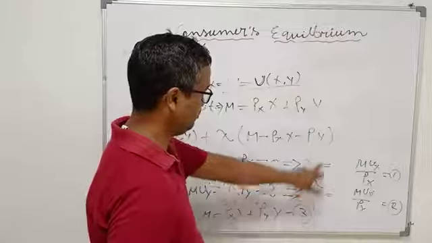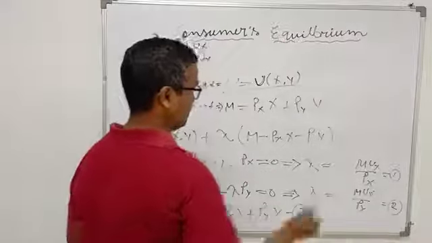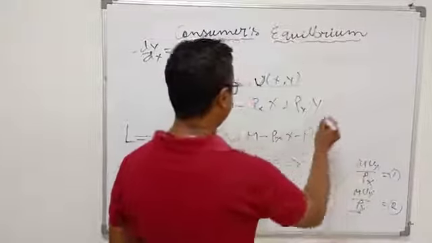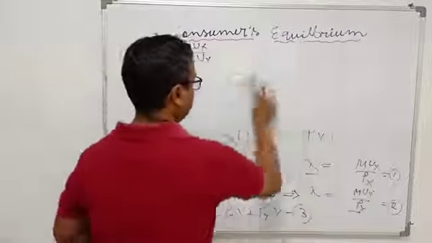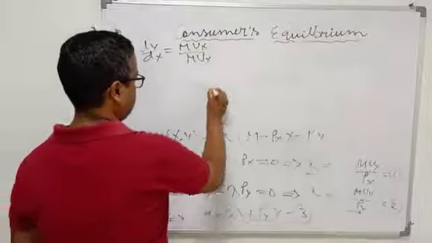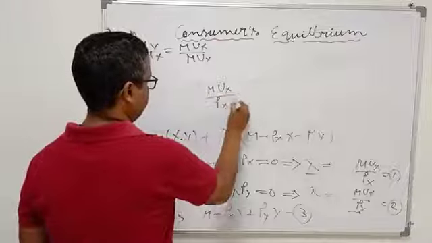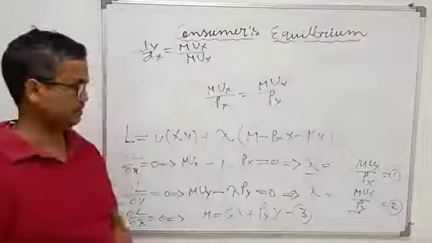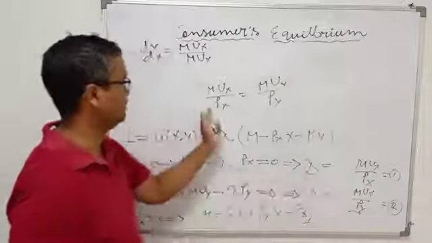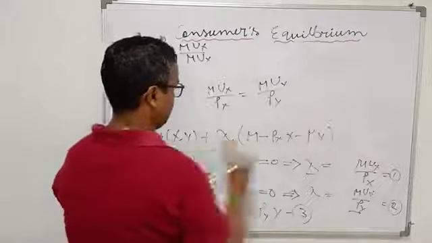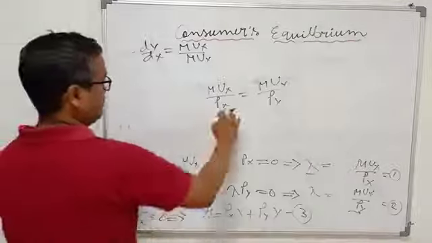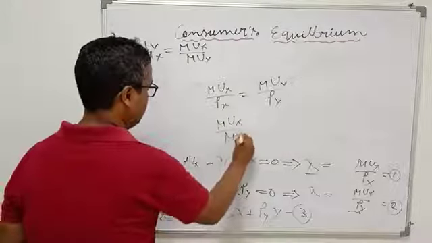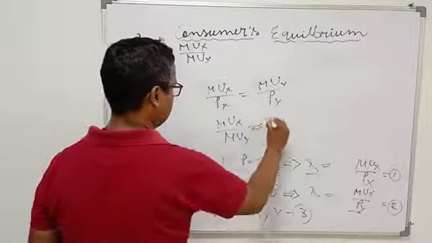Now you equate with lambda. Here lambda is equal to this one and lambda is equal to that one. Instead of that, we can equate the marginal utility ratio: marginal utility of y by py. Ultimately they are equal. Now from here, I am bringing the marginal utility of y to the left side and taking px to the right side.